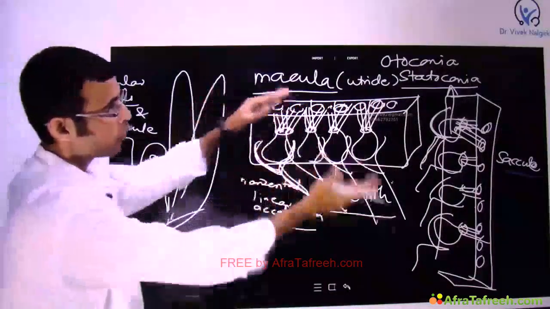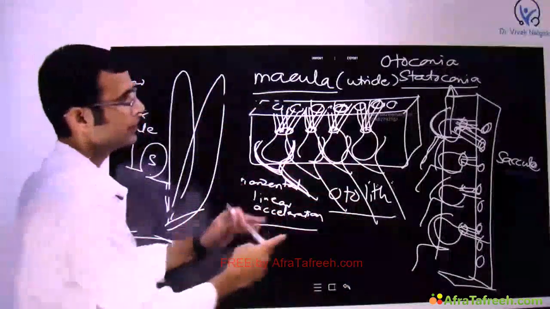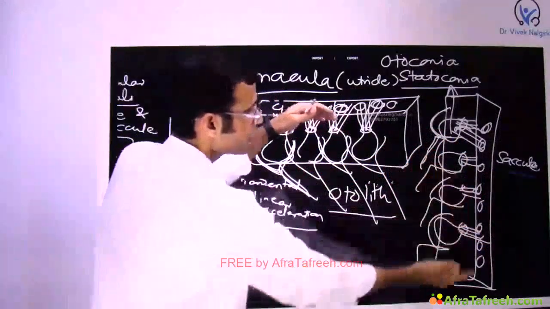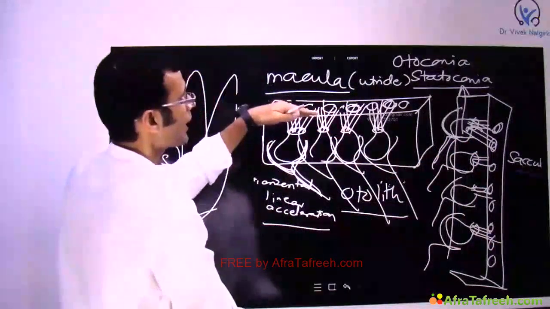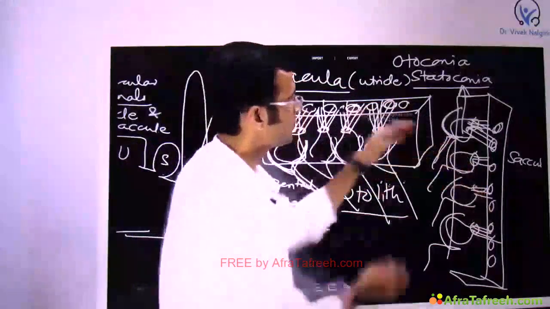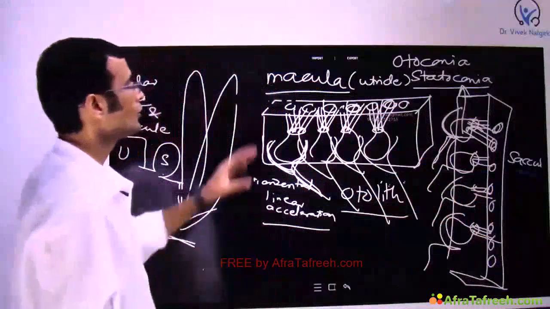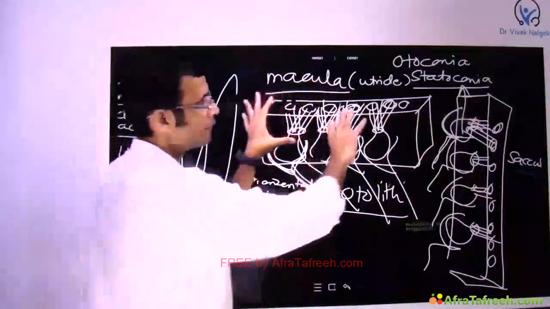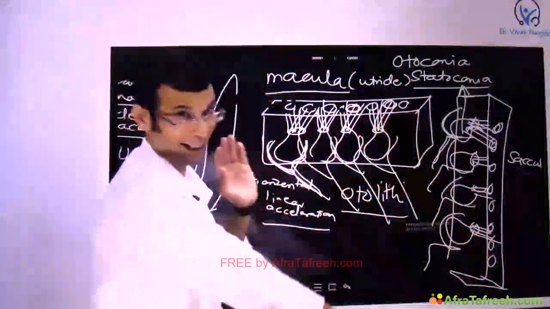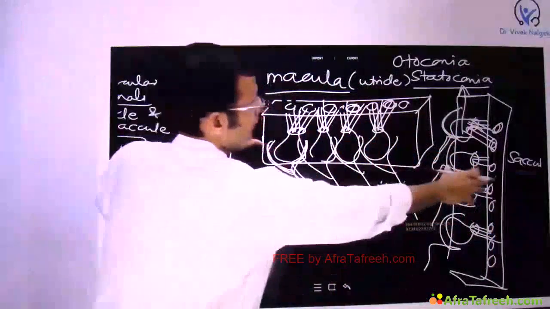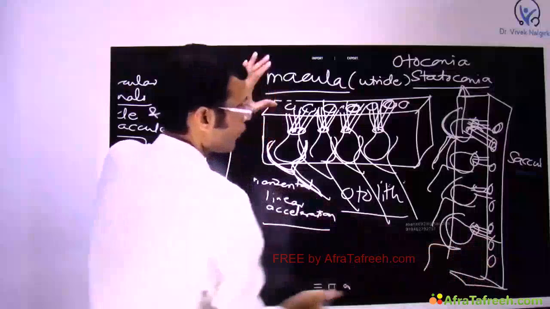When the man becomes horizontal, then macula inside the saccule will become horizontal, and macula of the utricle will become vertical. It will go in this position when the man goes in horizontal position. So macula of the utricle will now become vertical when the man lies down. This is a man standing. When man lies down, this will become horizontal.